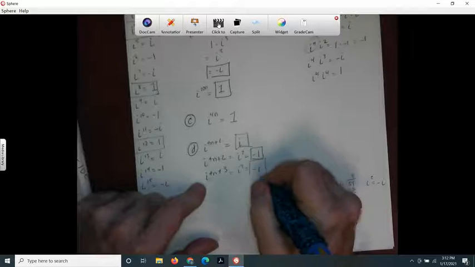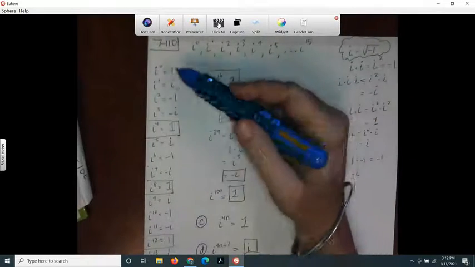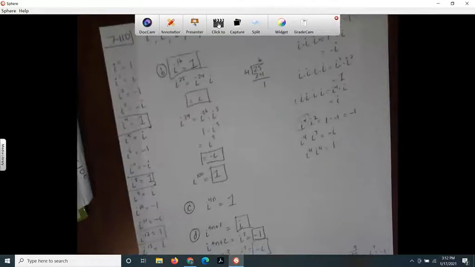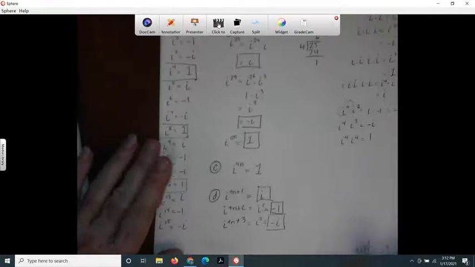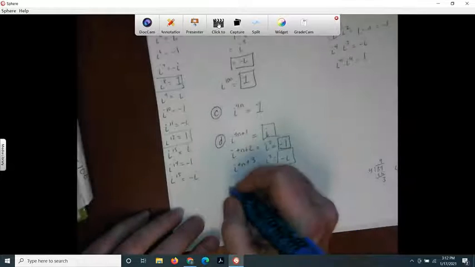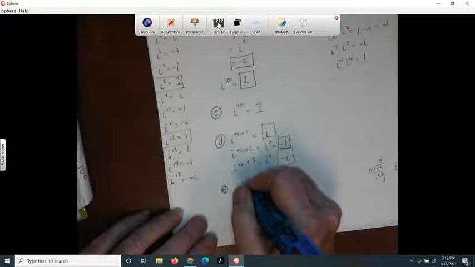Okay, and then the very last part, it says calculate i to the 396, i to the 397, i to the 398, and i to the 399.